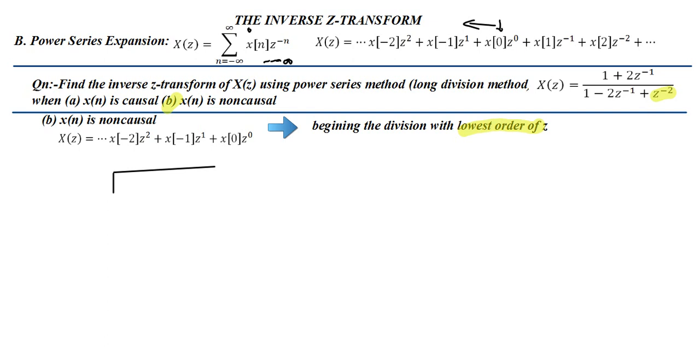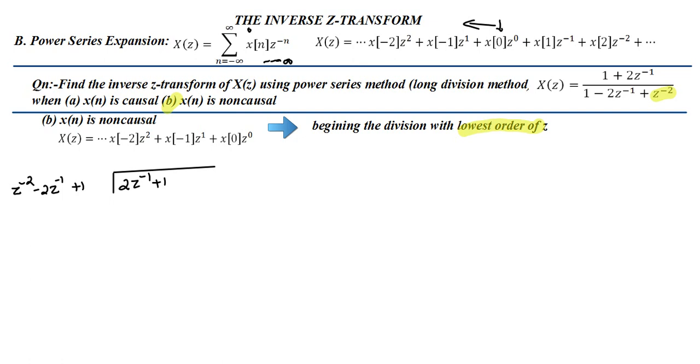Starting from 2 z raised to minus 1 plus 1, initially it is 1 plus 2 z raised to minus 1. Similarly, for the lower term we write the lowest first, z raised to minus 2 minus 2 z raised to minus 1 plus 1. Now we can divide.